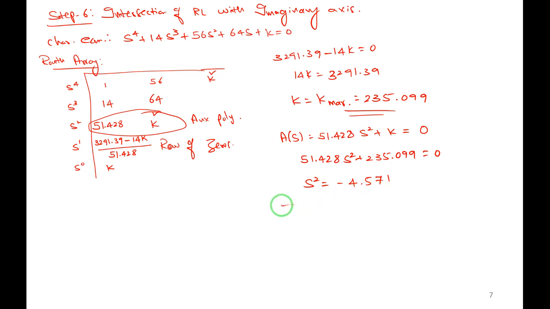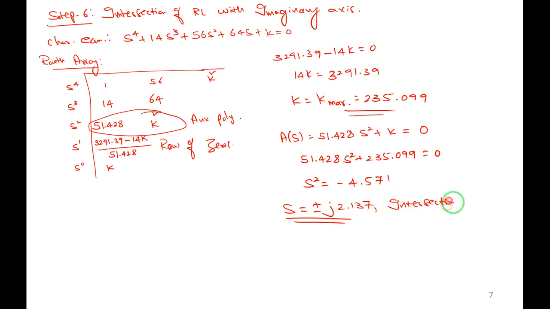Okay, fine. So we'll find out the roots: plus or minus j root of 4.571, so plus or minus j 2.137.